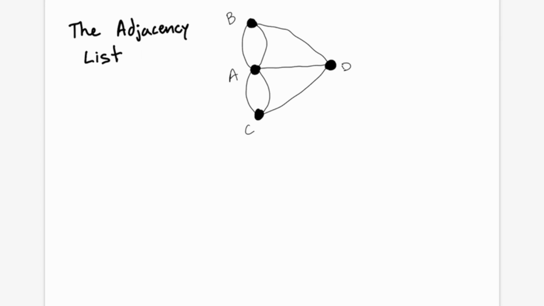So for example, in the Königsberg graph, node A is adjacent to node B 2 times because there are 2 edges connecting A to B. So we'll list it in the adjacency list twice.